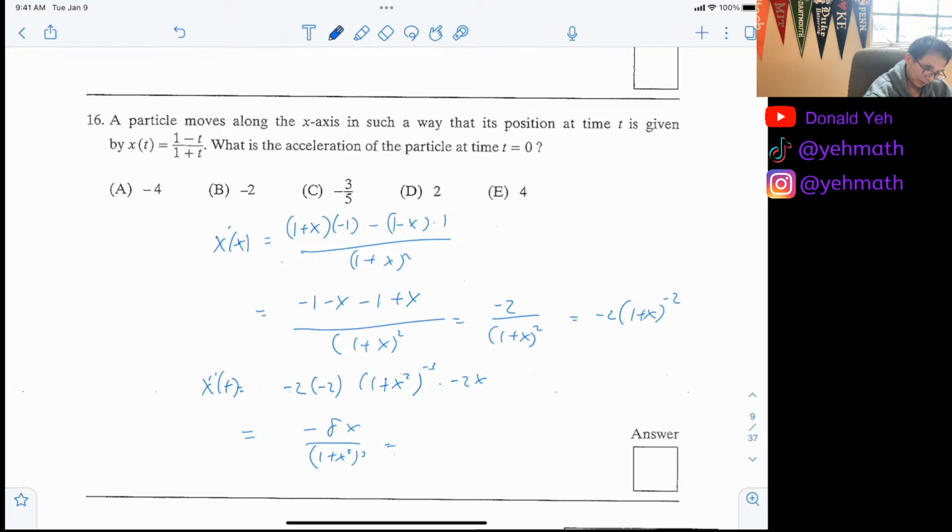No, I'm an idiot. It's not x squared. I don't know why I wrote down x squared for no reason. So the numerator is just 4 over 1 plus x to the third. If I plug in 0, this is 4 times 1 plus 0 to the third, which is equal to 4. Yeah, it's 4.